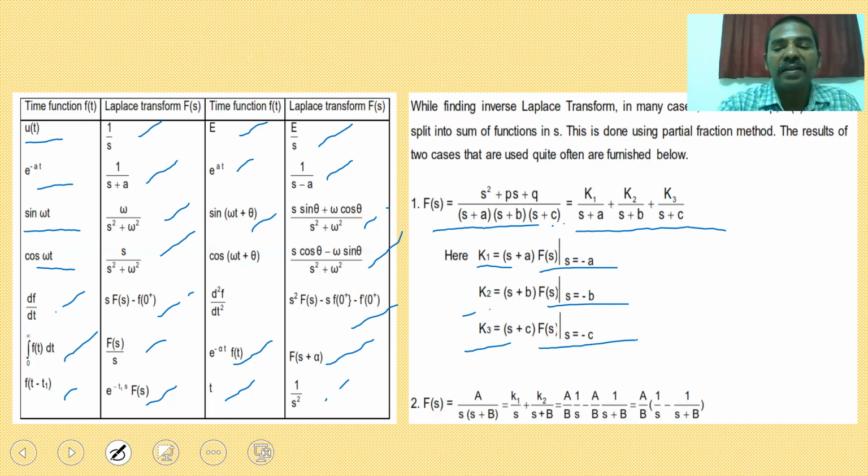So similarly, another example. F(s) is equal to a divided by s(s + b). So I am writing that as k1 by s plus k2 by (s + b), where k1 and k2 are the residues.